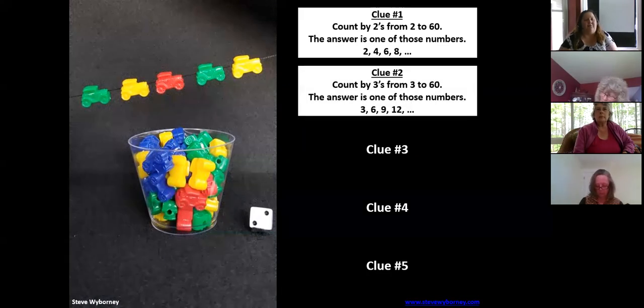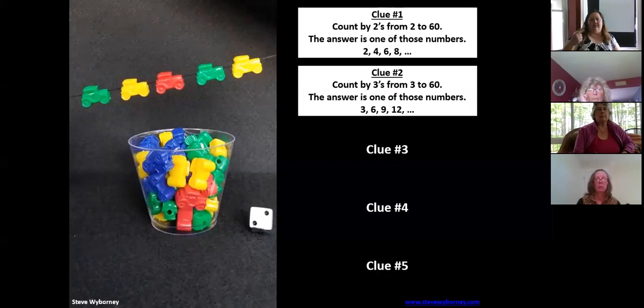My next clue is that if I count by 3s from 3 to 60, the answer is one of those numbers. So not only is it a multiple of 2, or if I count by 2s, it's also going to be a multiple of 3. So when I count by 3s, I'm also going to land on that number.